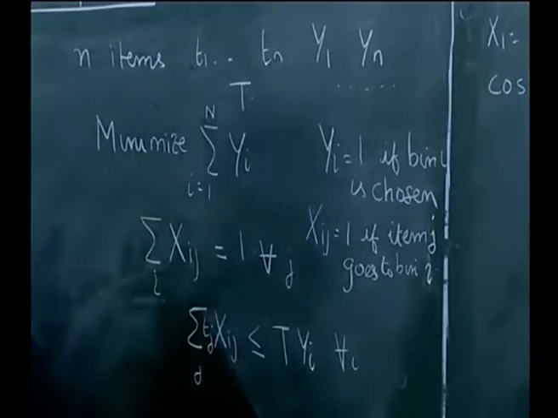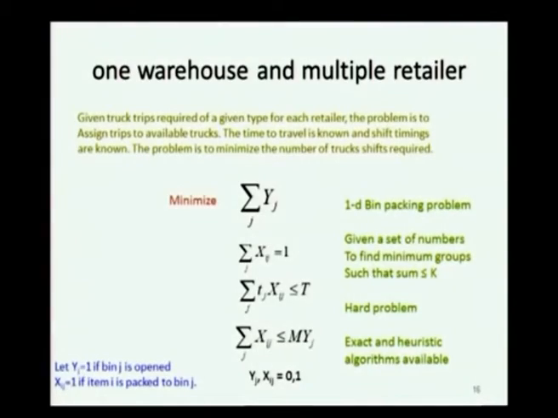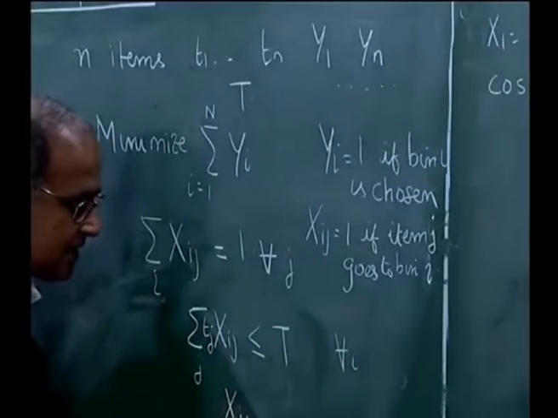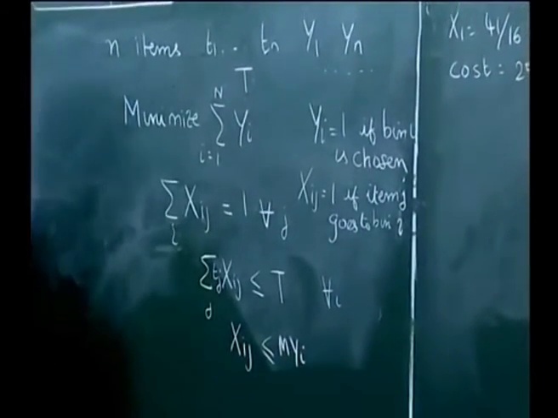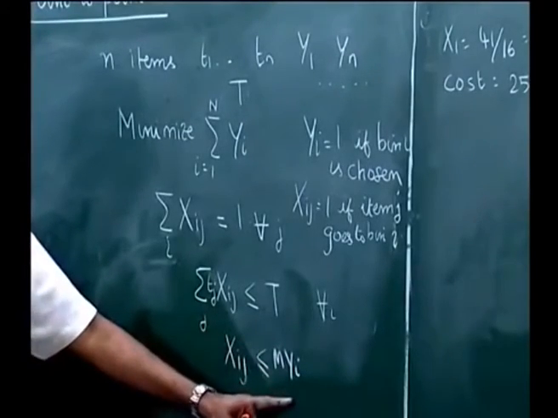The other way of doing it is what is shown in this slide, where these are explicitly written as two different constraints. We could simply say Tj xij less than or equal to T, which means that we need a linking constraint between the xij's and the yi's. We could also write xij less than or equal to m into yi, which means only when the bin is chosen can I put something into the bin.